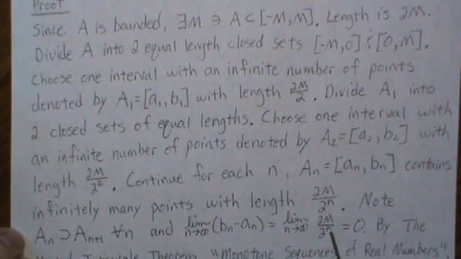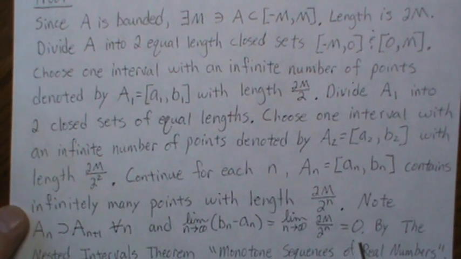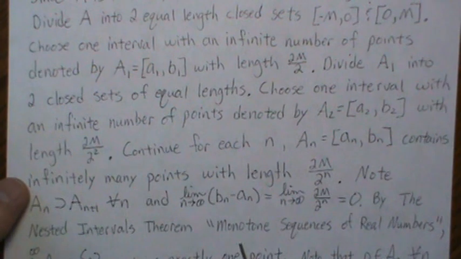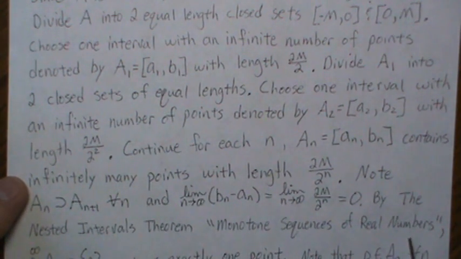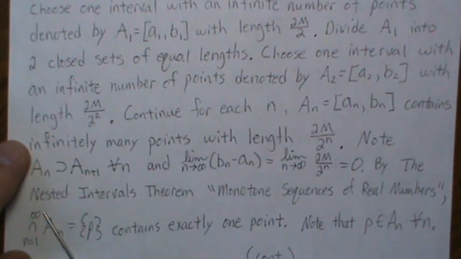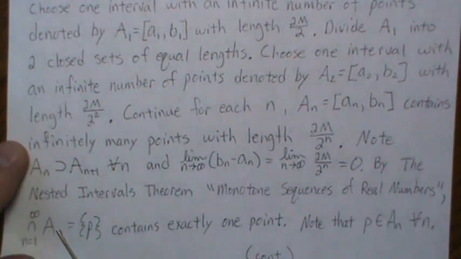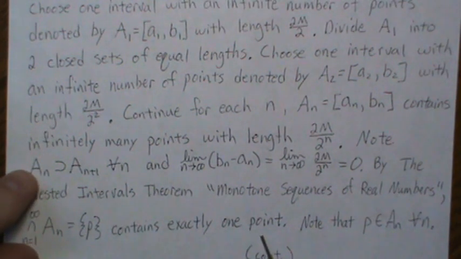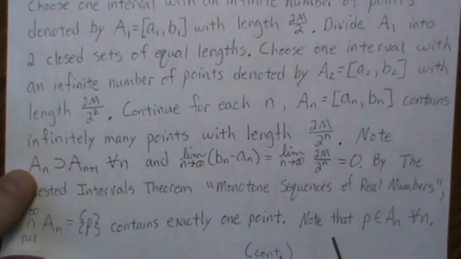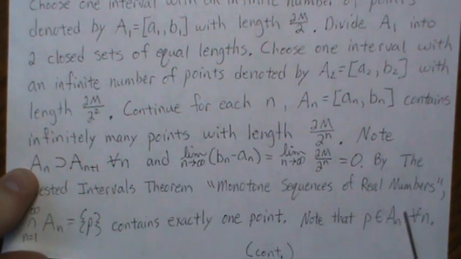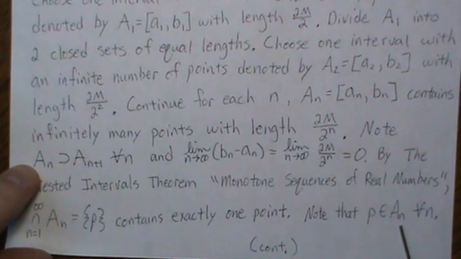And so if we let n go to infinity, the length of those intervals goes to 0. And so by the nested intervals theorem, which we covered in monotone sequences of real numbers, the infinite intersection of all those intervals contains one point, and one point exactly. And so note that p is an element of every single one of those intervals.